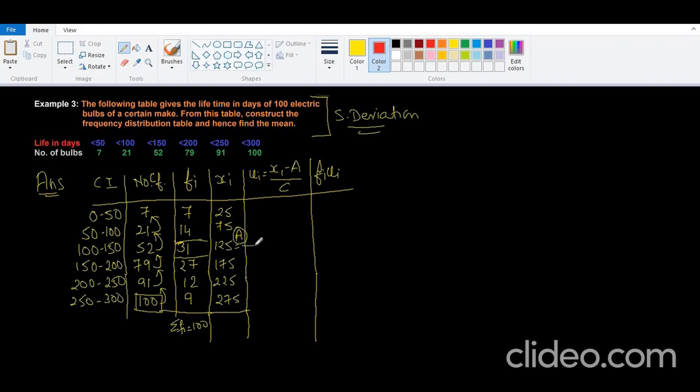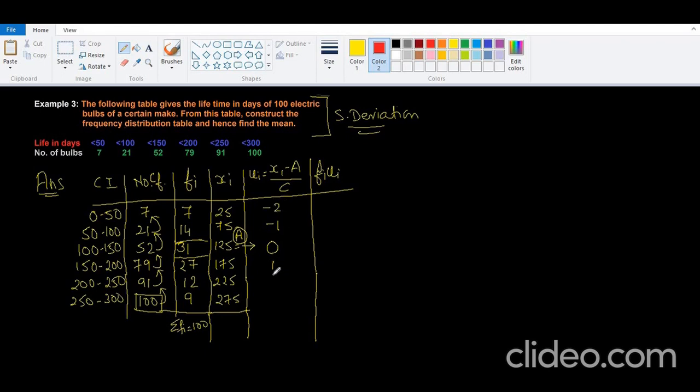Now corresponding to that one, Ui. Here it will be 125 minus 125 upon 50, that is going to give me 0. Now 75 minus 125 upon 50 gives me minus 1. Now 25 minus 125 upon 50 gives me minus 2.